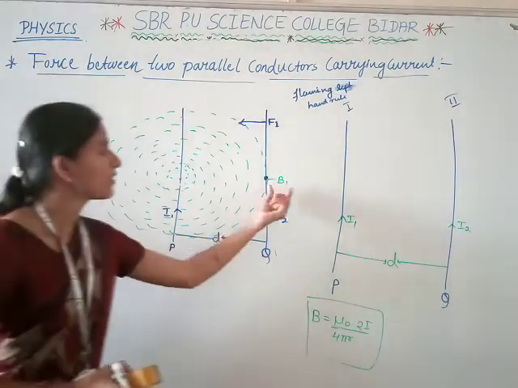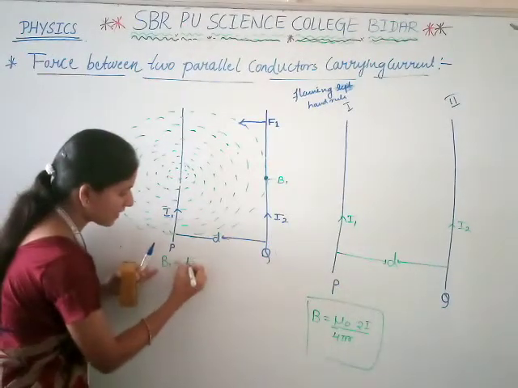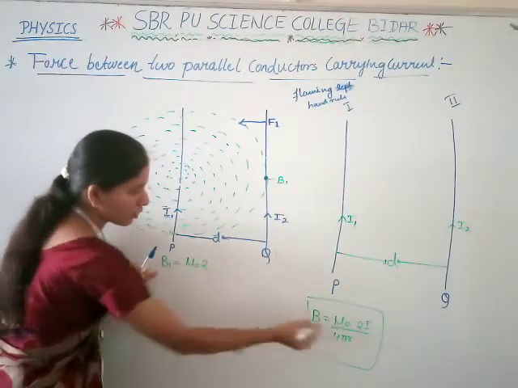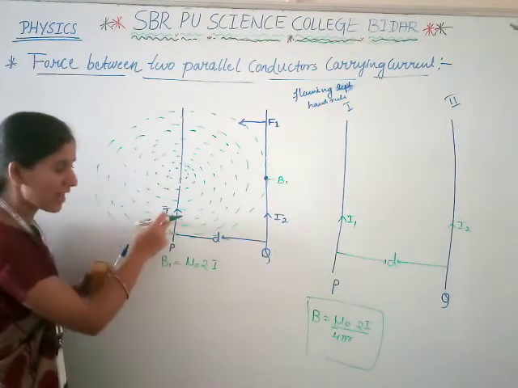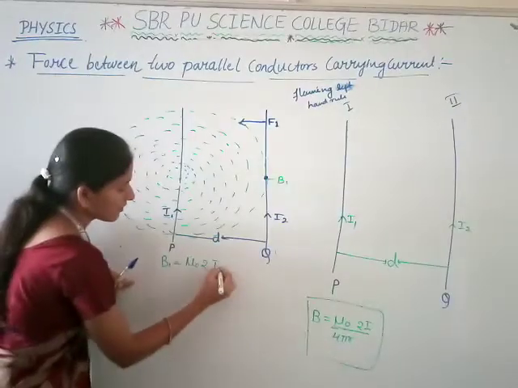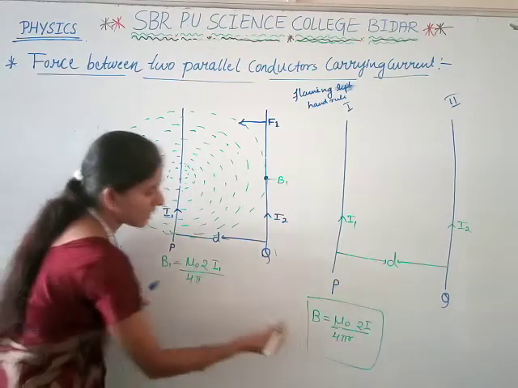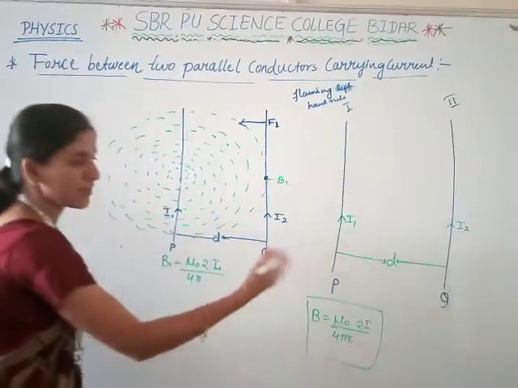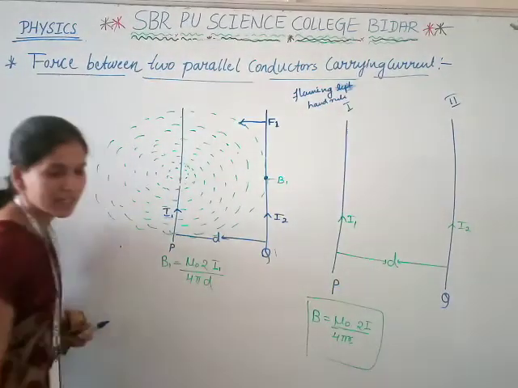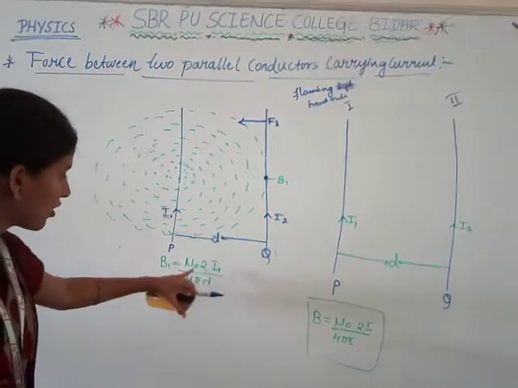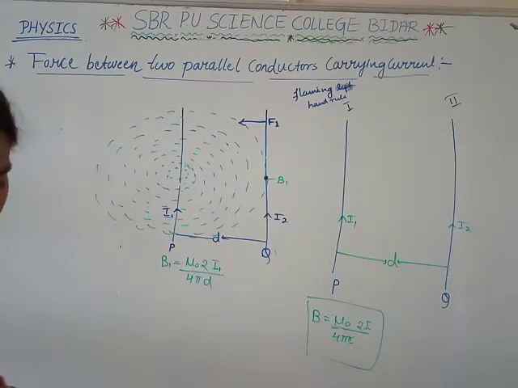So B1 is equal to mu naught into 2 I1 divided by 4 pi r. Here r is the distance between the two parallel conductors, which we take as d. So the formula is B1 equals mu naught into 2 I1 divided by 4 pi d.